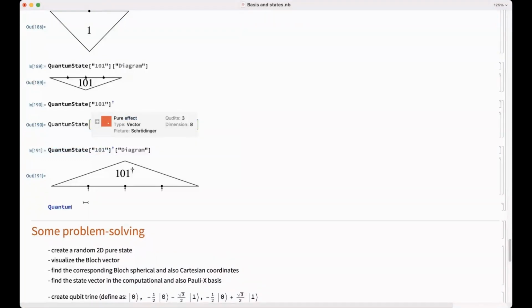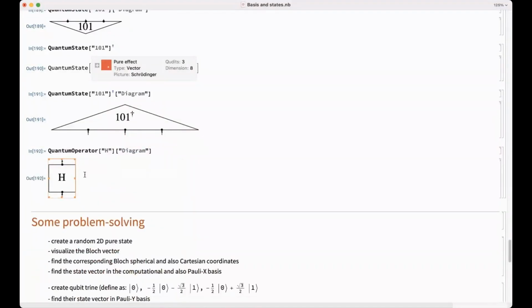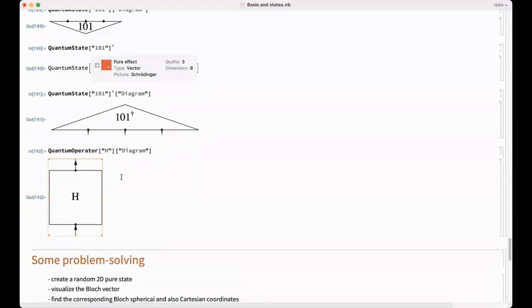And for quantum operators, when you have both of those, you also have a diagram, but now it's going to be displayed as a box with both inputs and outputs. And usual gates in the quantum circuits, let's take a Fourier one.